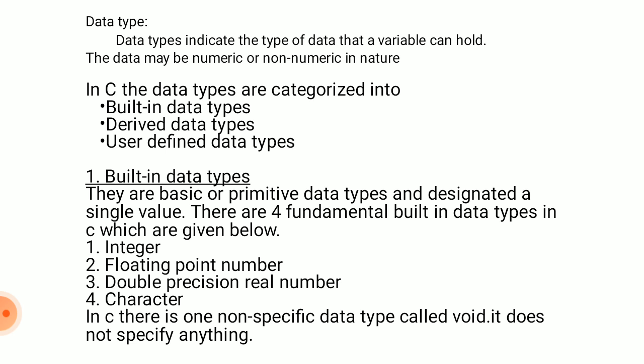So built-in data types are basic or primitive data types and hold a single value. Built-in means these are the basic or primitive data types which hold a single value. In this there are four fundamental built-in data types, which we use normally in a program, right?